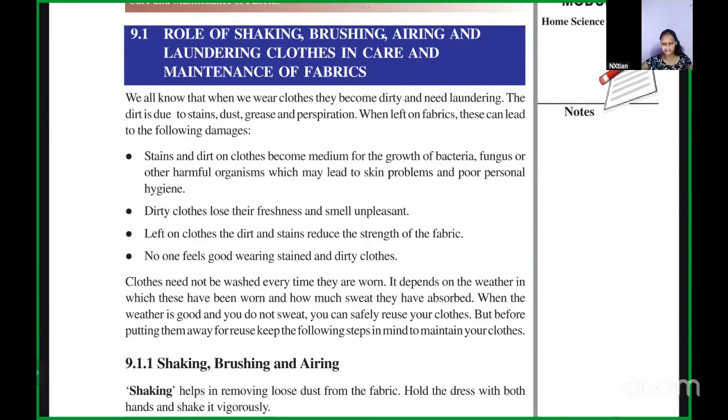Then, dirt and stains left on clothes reduce the strength of the fabric. What is the strength of the fabric? When the cloth is made out of fabric, the fabric is made of fibers. Okay. What are fibers? Fibers are thin strands of material, of cotton, of wool.